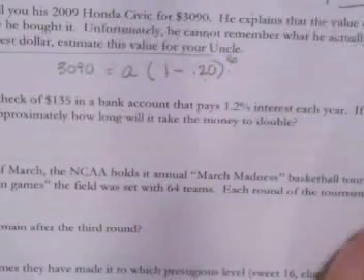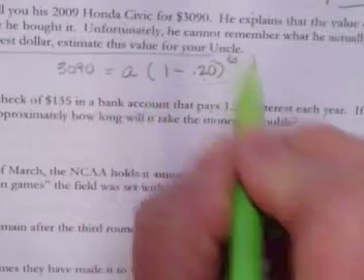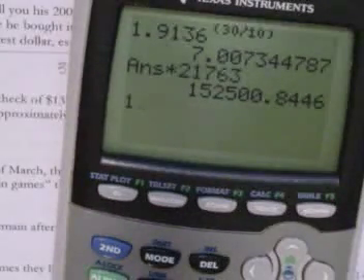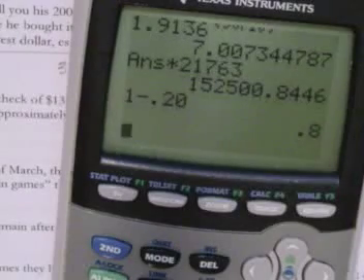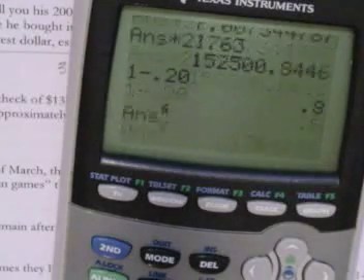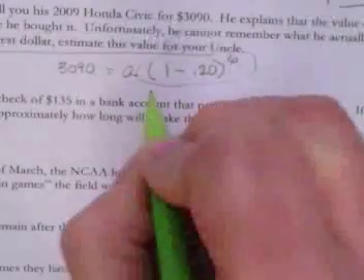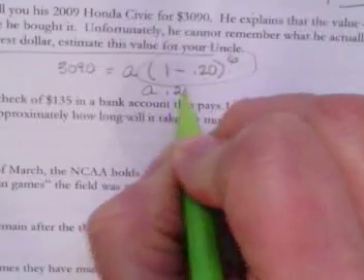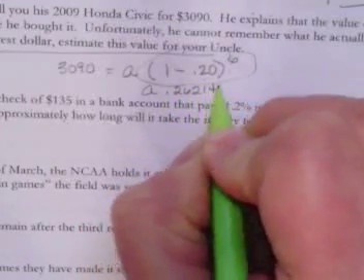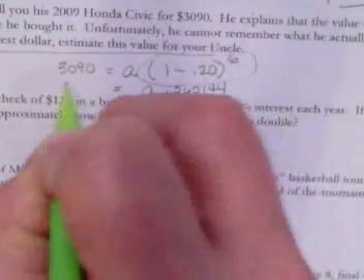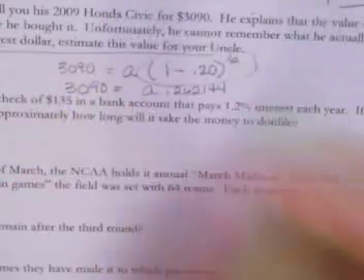So what I'm going to do is I'm going to sort this out by saying I have 1 minus 0.20, and I'm taking that to the 6th power. So what I have in my equation is 0.262144 times A is equal to 3090.